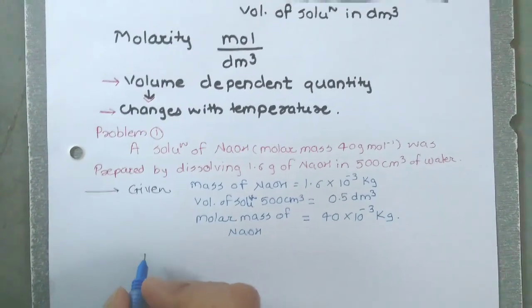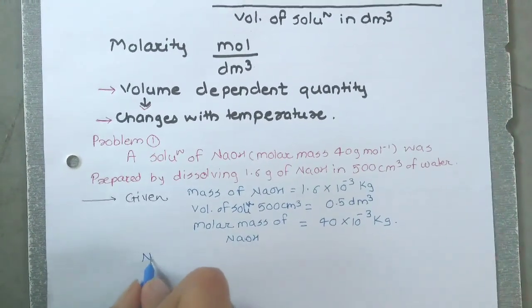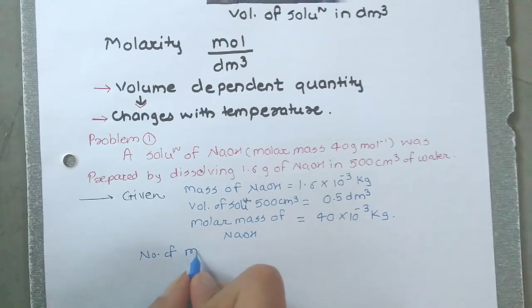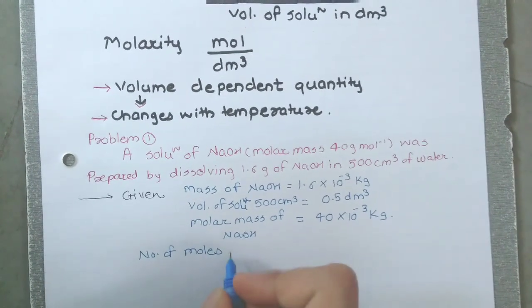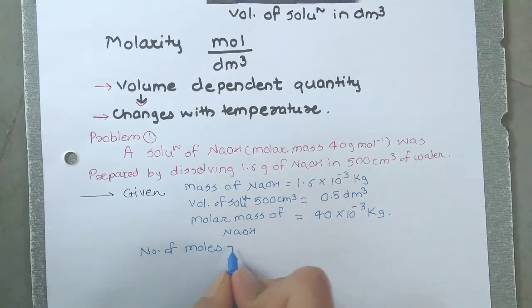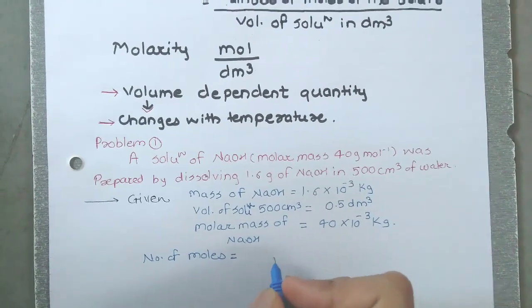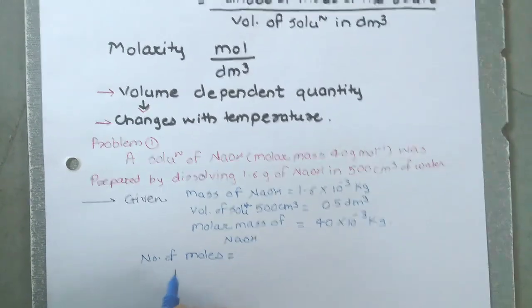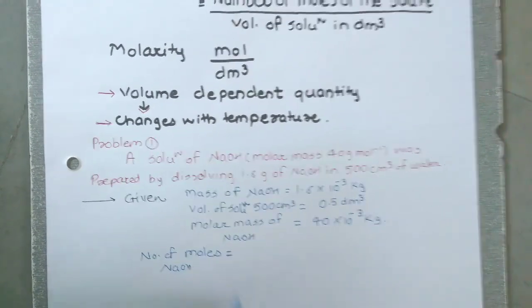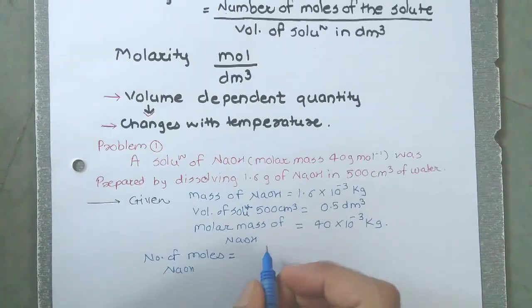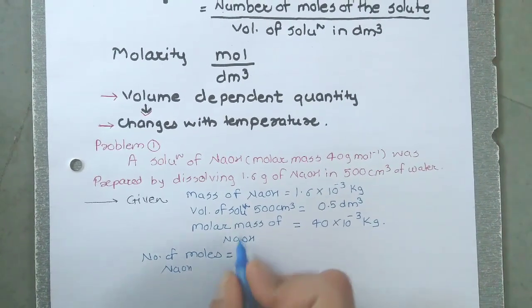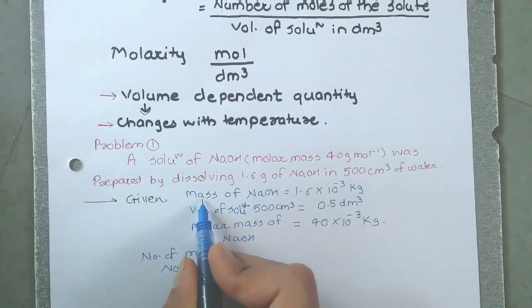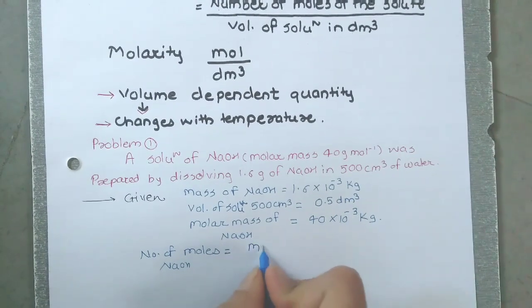The number of moles of NaOH we can write as given mass over molar mass.